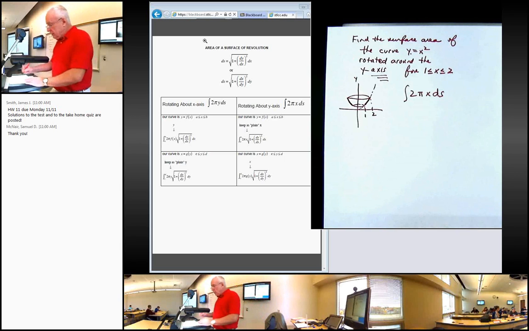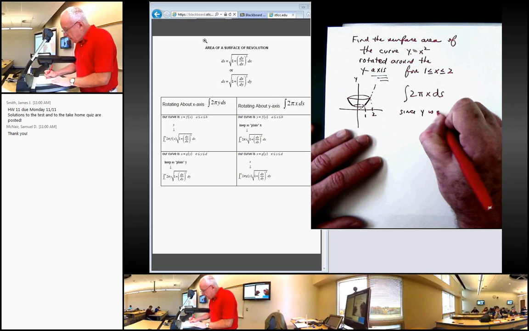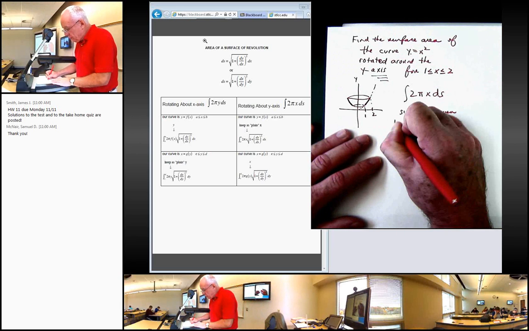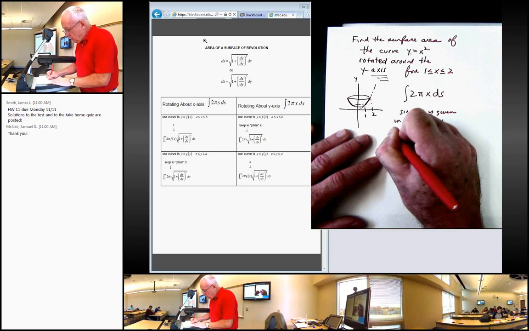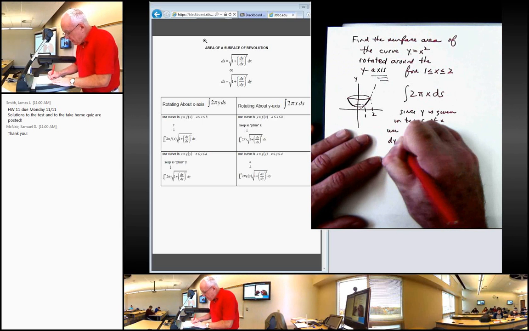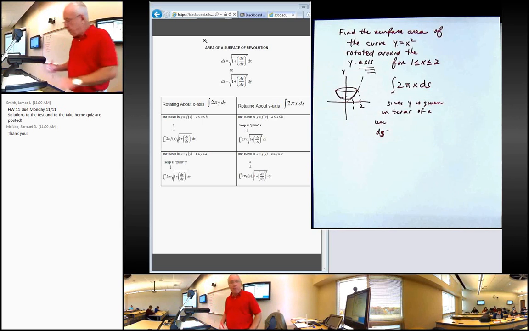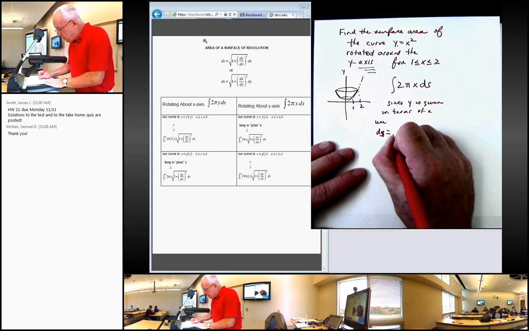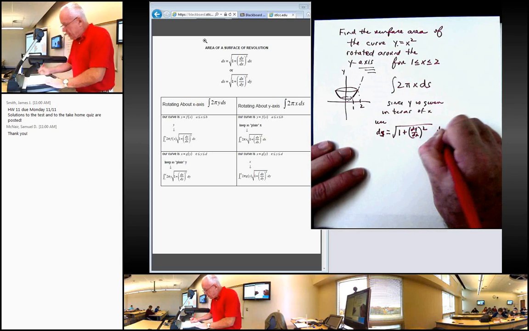So since y is given in terms of x, we're going to use this form of the ds formula: ds is equal to the square root of 1 plus dy dx squared dx.